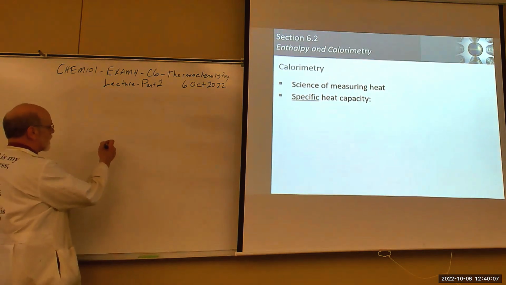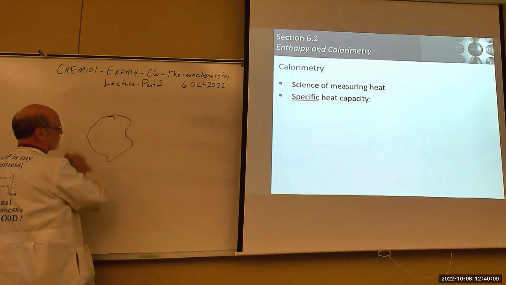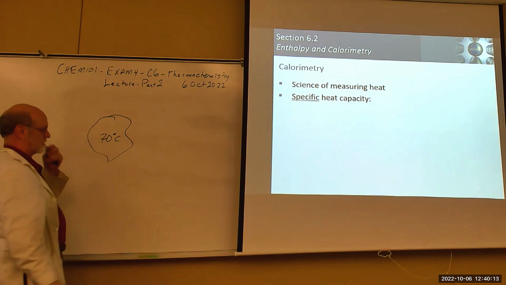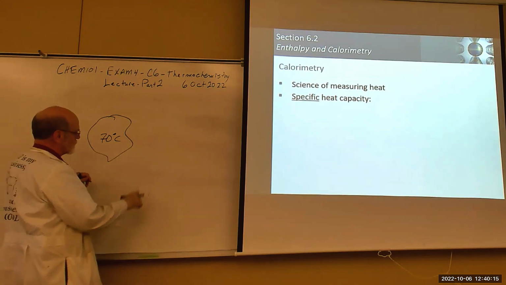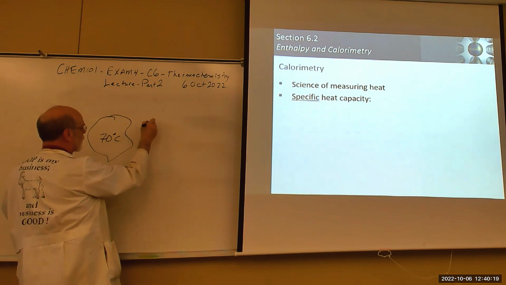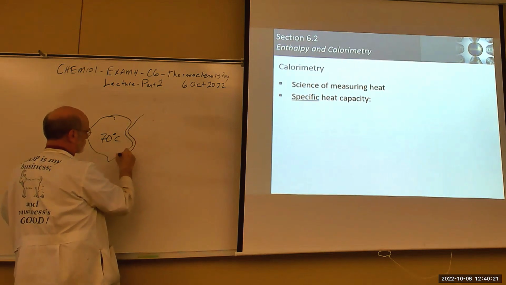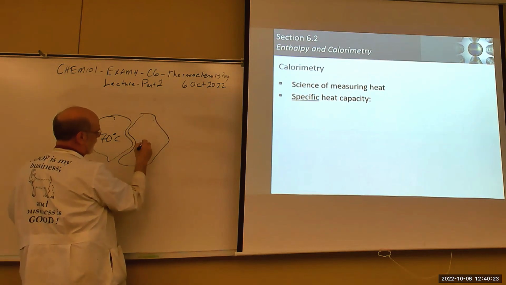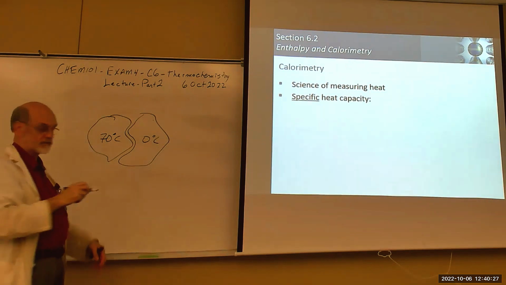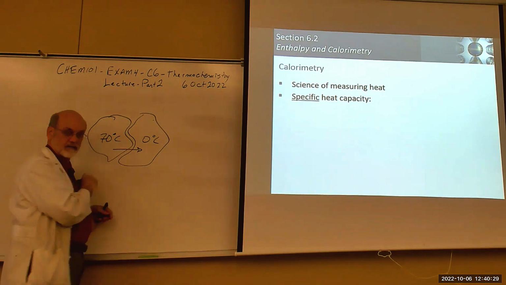Now, if you have an object here, and it's say at 70 degrees C, and you allow the heat to equalize between some other object here that's at 0 degrees C, which way is the heat going to move? Right. That way.